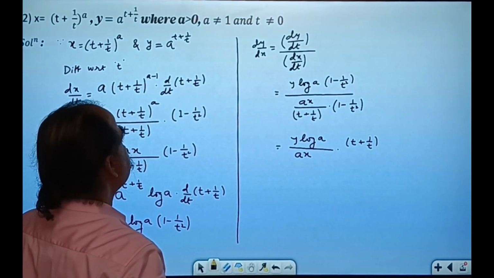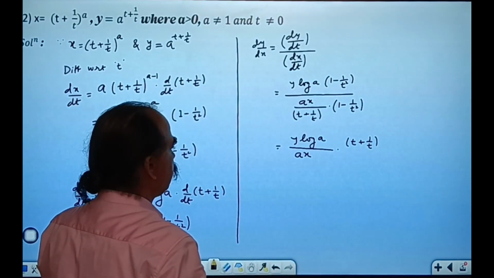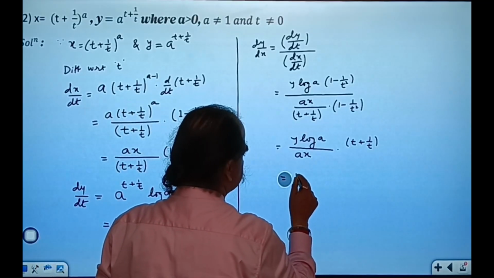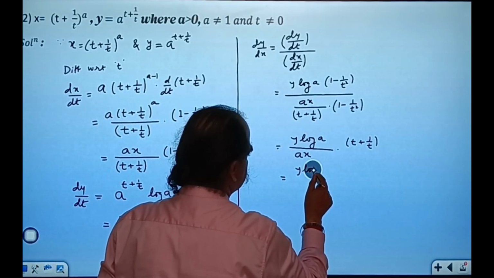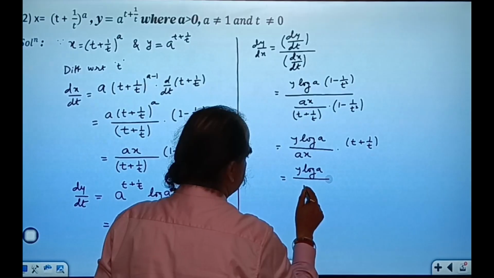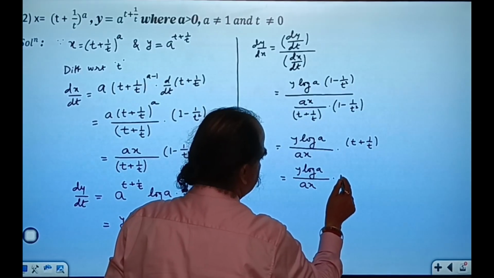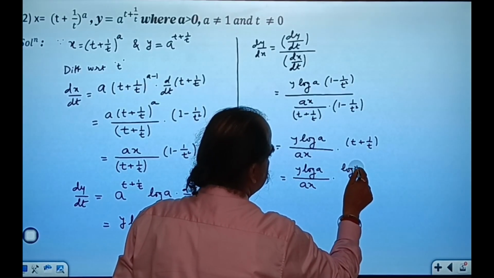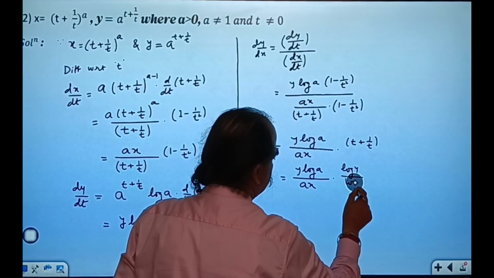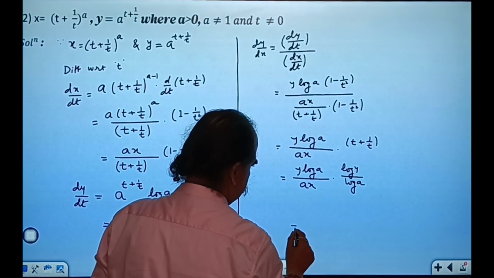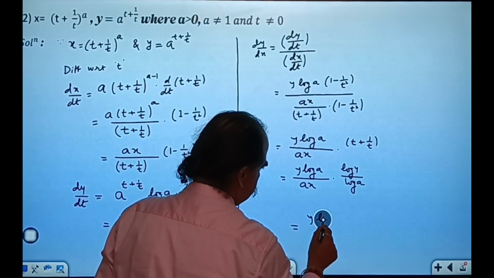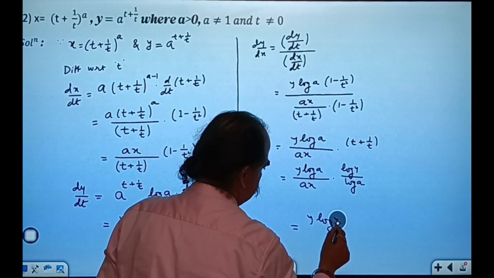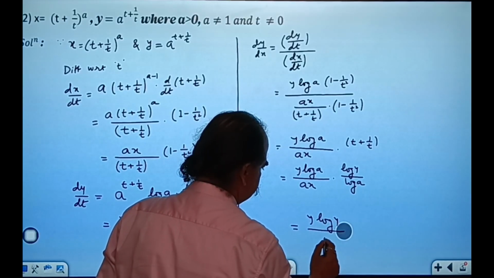And t plus 1 upon t is what? log y upon log a, which is y log y, log a will get cancelled, upon ax.